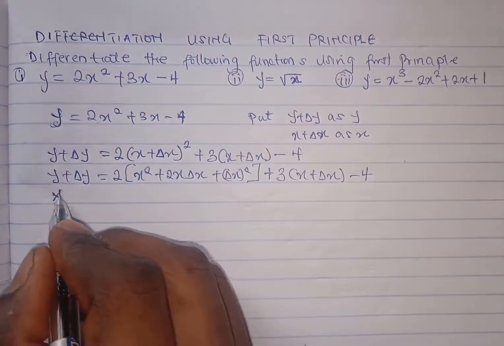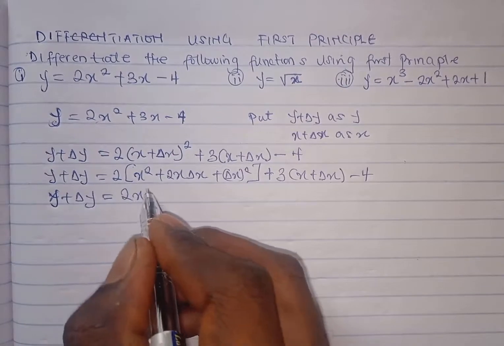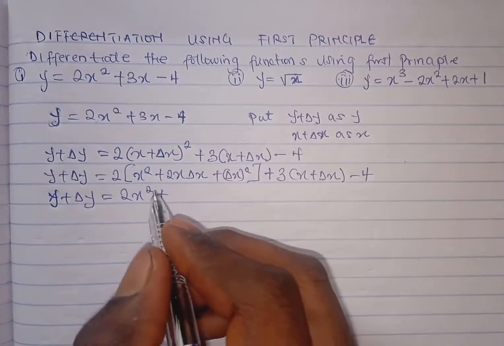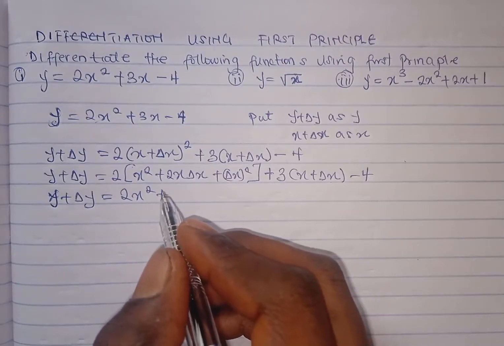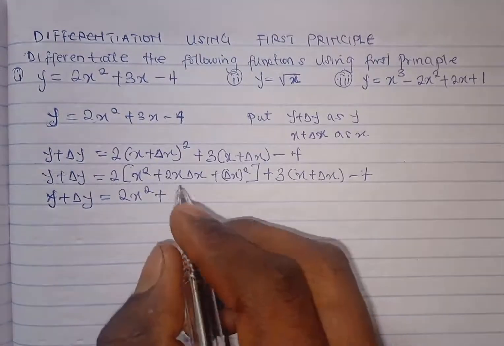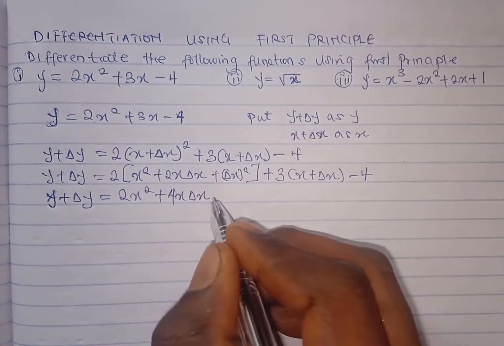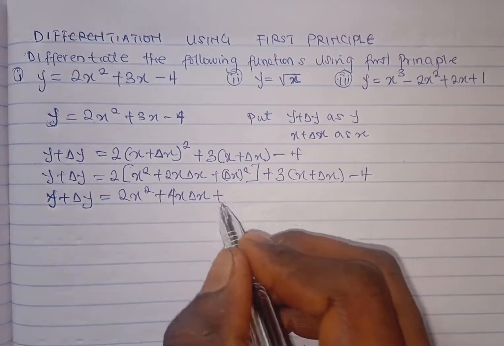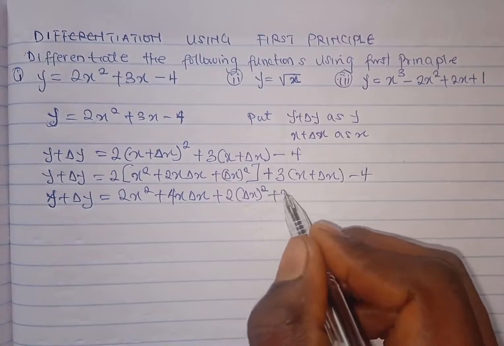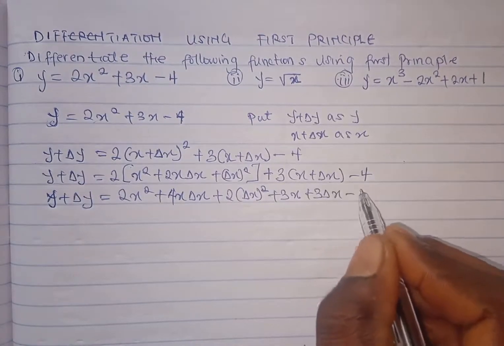Now you simplify further: multiplying through by 2, you get 2x squared plus 4x change in x plus 2 change in x squared, then plus 3x, plus 3 change in x, minus 4.